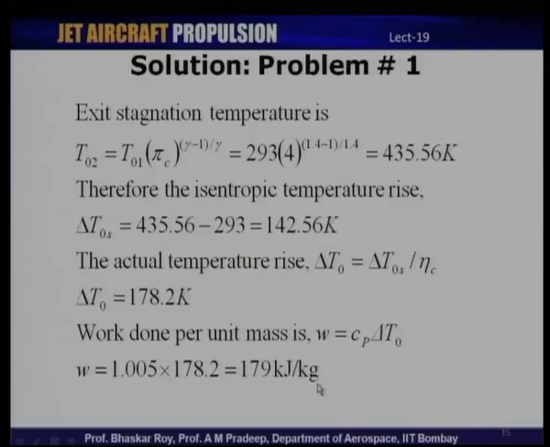So, what we have just calculated is based on the pressure ratio and the efficiency specified. Because we know the stagnation pressure ratio, from isentropic relations we can calculate the exit stagnation temperature. T02 is T01 into pi c raised to gamma minus 1 by gamma.